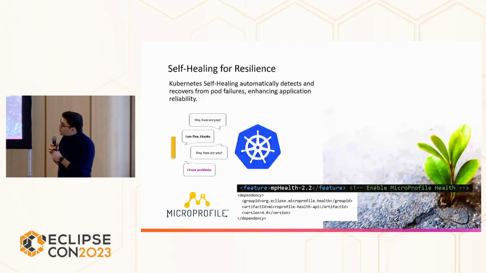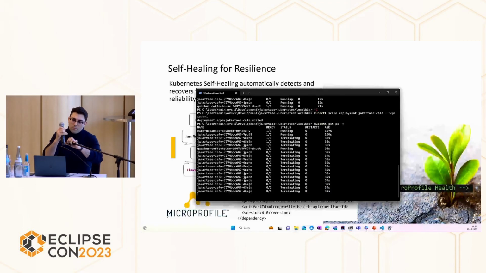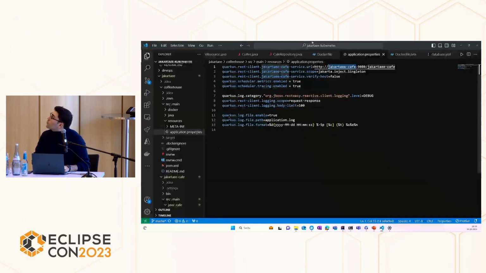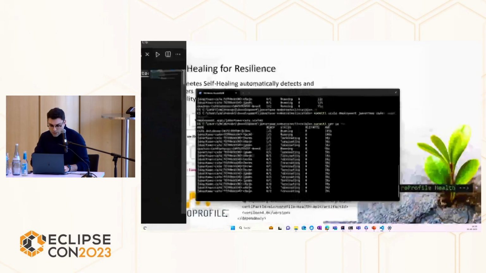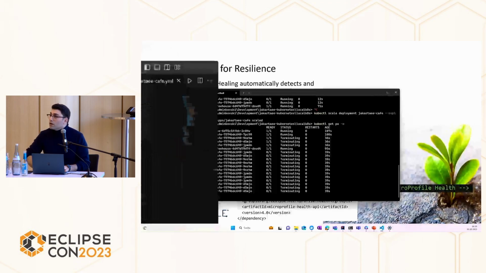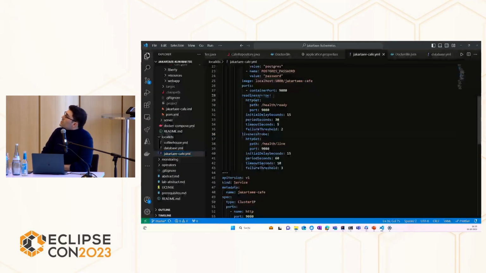Now, what is great about it is that we can also provide those endpoints ourselves. I will show you. If we take a look here in the code, we'll have a Kubernetes deployment, and in here you can see that we can provide readiness probes and liveness probes.